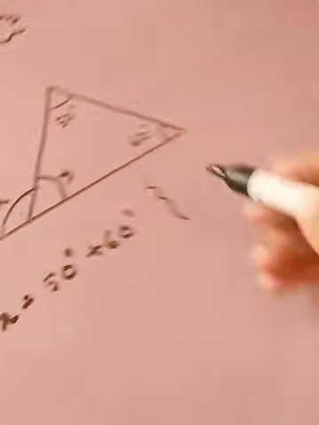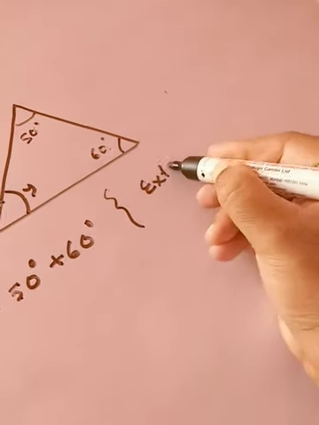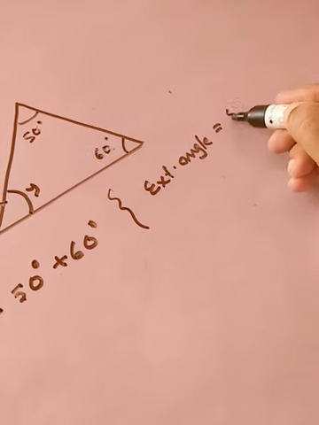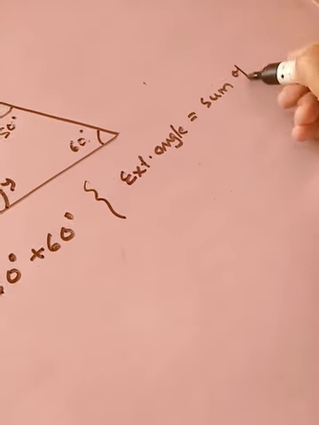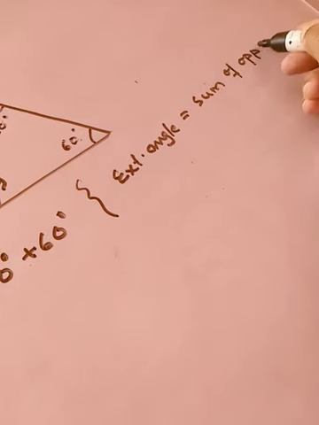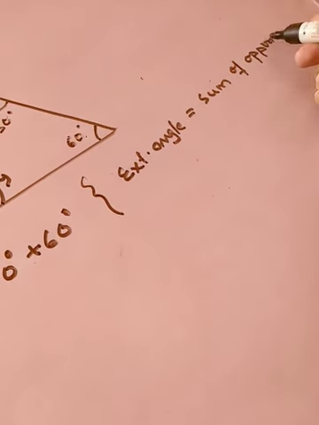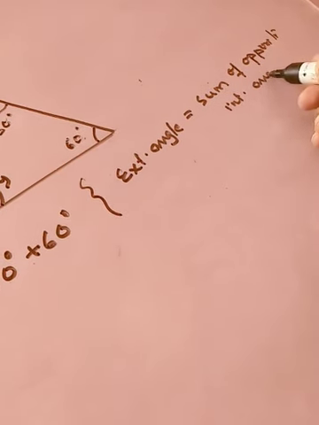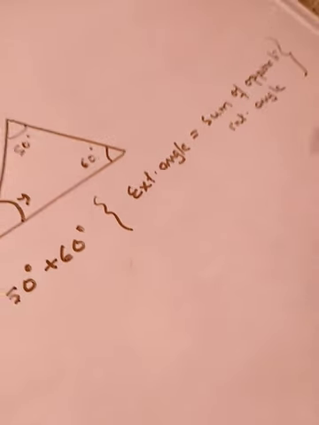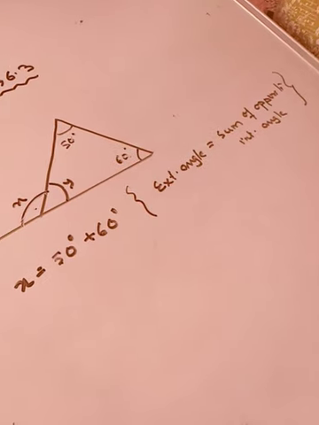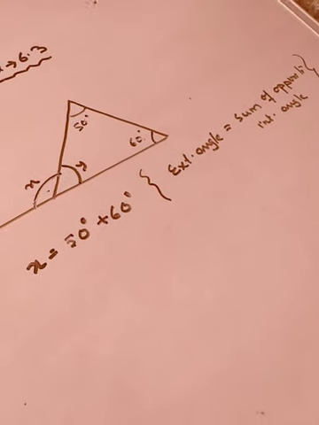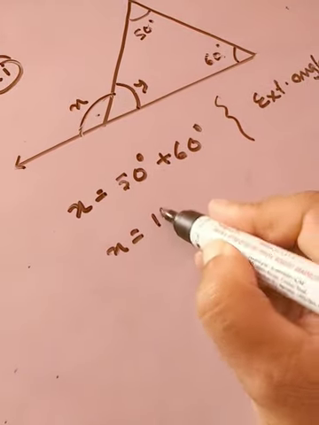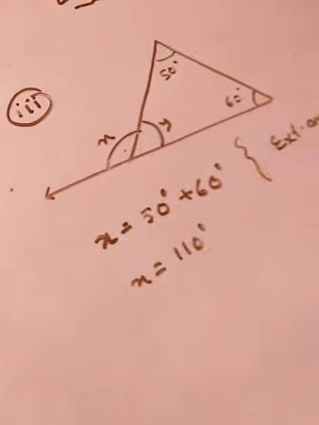We will give the reason as exterior angle equals sum of opposite interior angles. You just have to add it up. So 50 degree plus 60 is what? 110. So the value of x is 110.